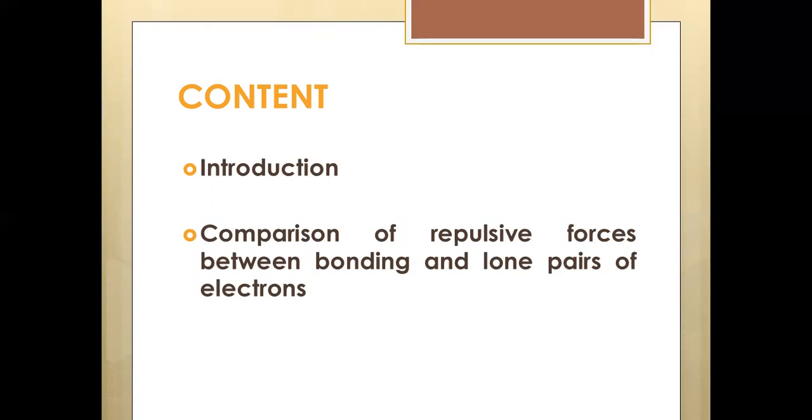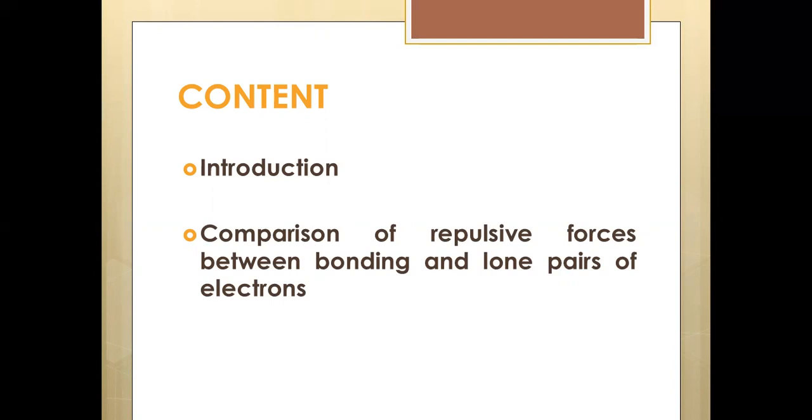When we spoke about the pairs of electrons, we said they can make two types of shapes. So how is this electron pair geometry going to make an impact?